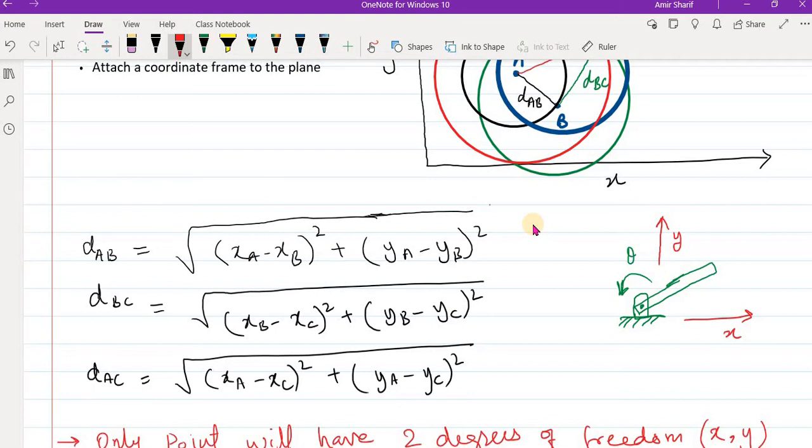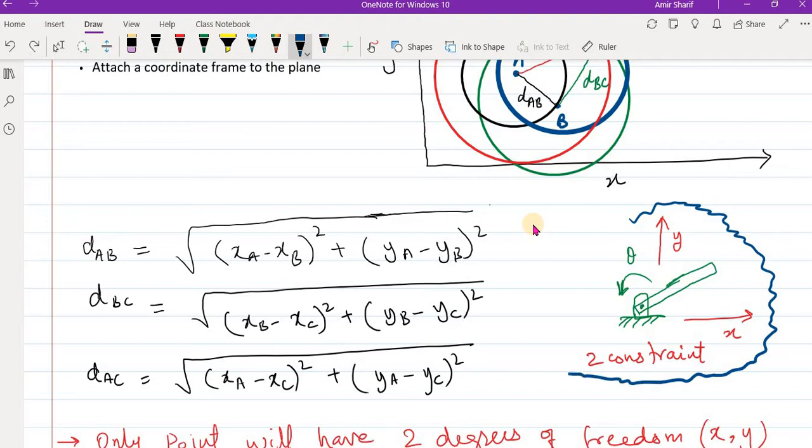So in this example, there are 2 constraints and 1 degree of freedom.